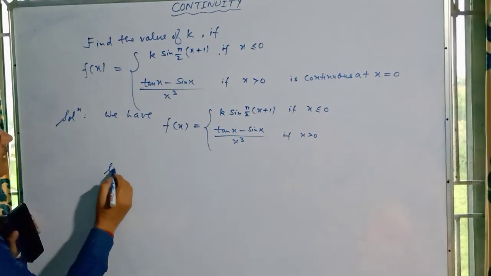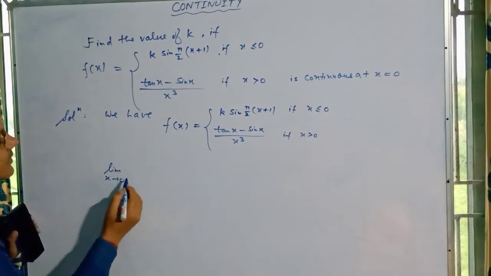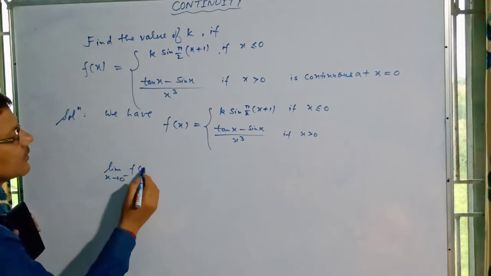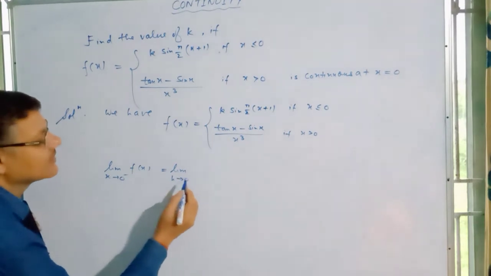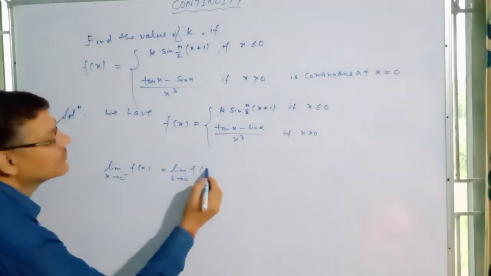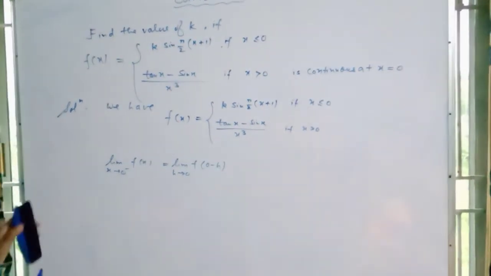Let's start. Limit x tends to 0 from the left. We introduce h that tends to 0, that is f of 0 minus h, where 0 minus h is less than 0.